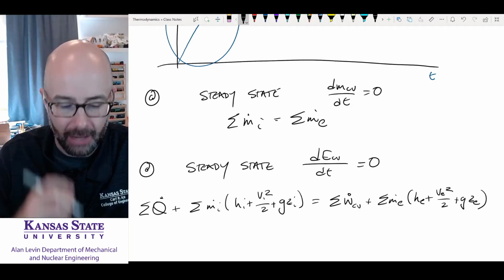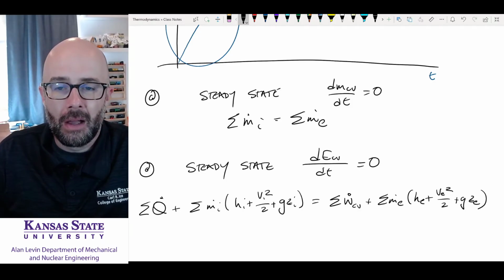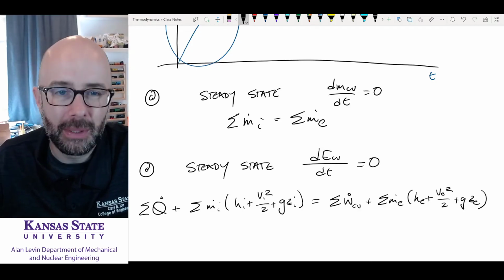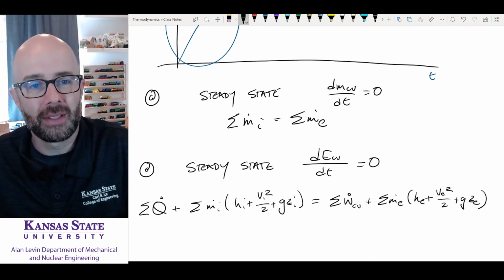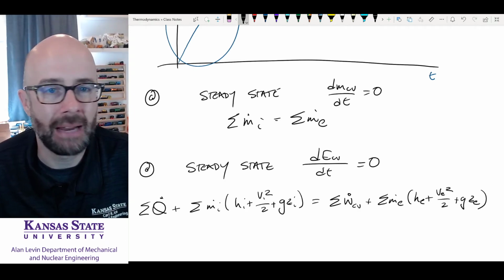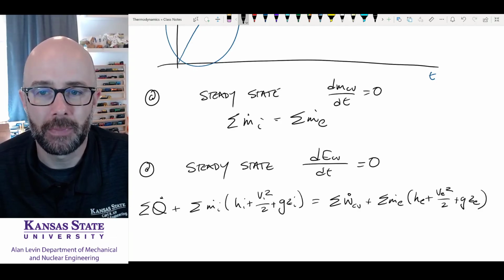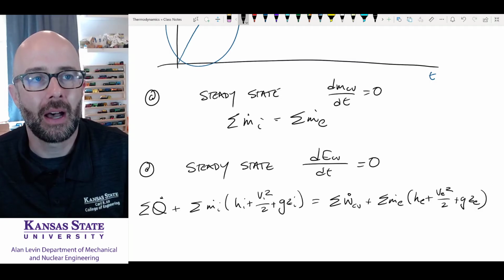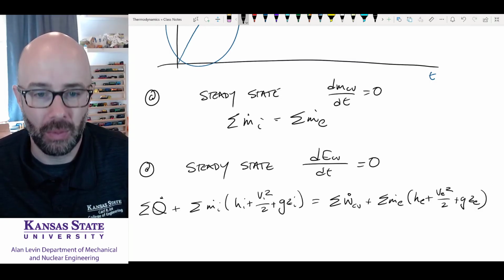Okay, that's what could happen. I don't really write the equation this way because I don't like splitting it up. I like to have the transfers on one side, but this is another way to write the equation. Whatever works for you, I'll accept that. But you have to know the steady state thing is going to be a very important situation that we're going to be dealing with.